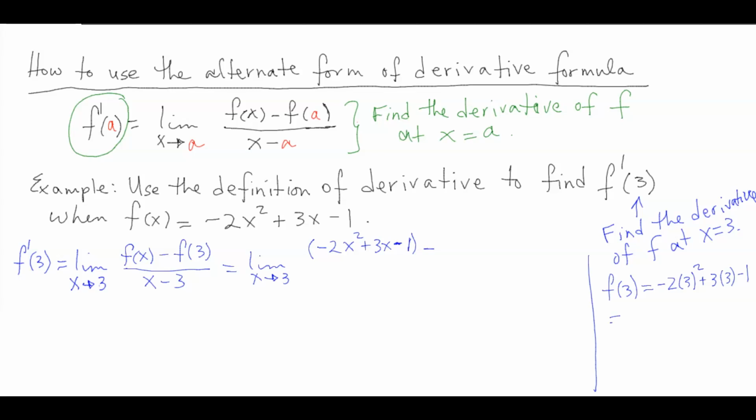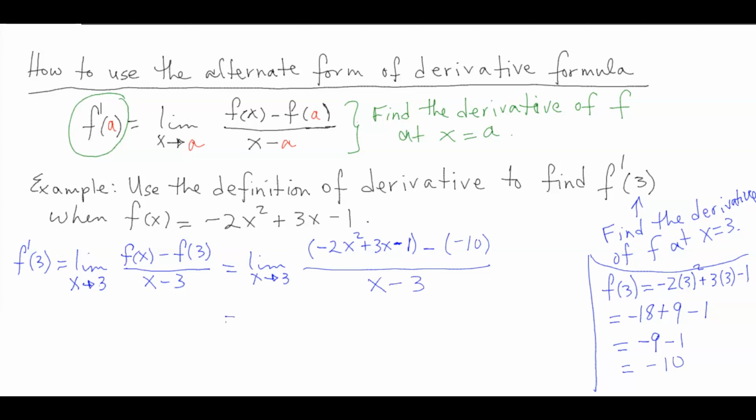That gives us a negative, 3 squared is 9, so 2 times 9 is going to give me a negative 18, plus 3 times 3, which is 9, minus 1. Negative 18 plus 9 gives us a minus 9, minus 1. That gives us a negative 10. So that is our f of 3, which is going to go right here, all of that over x minus 3.